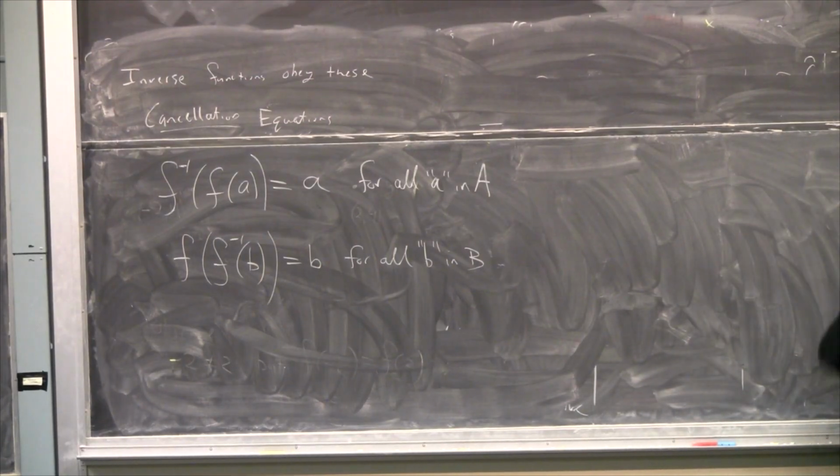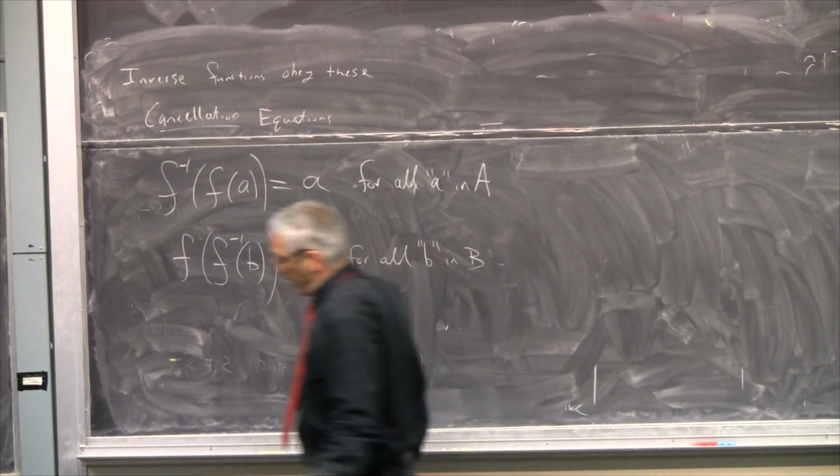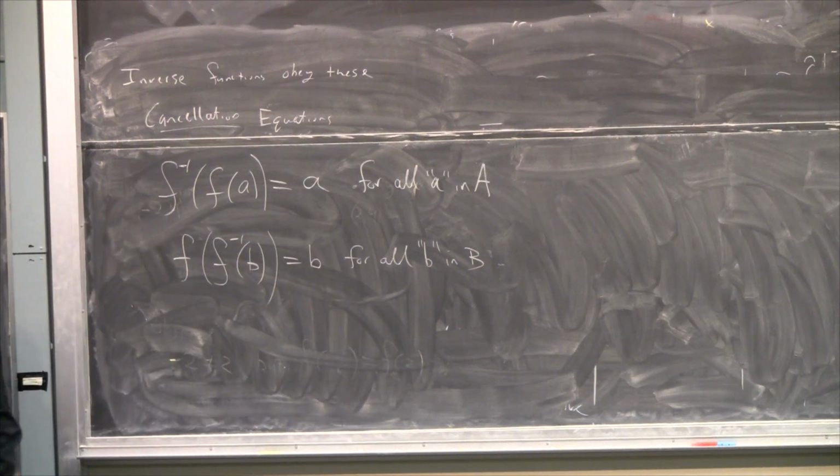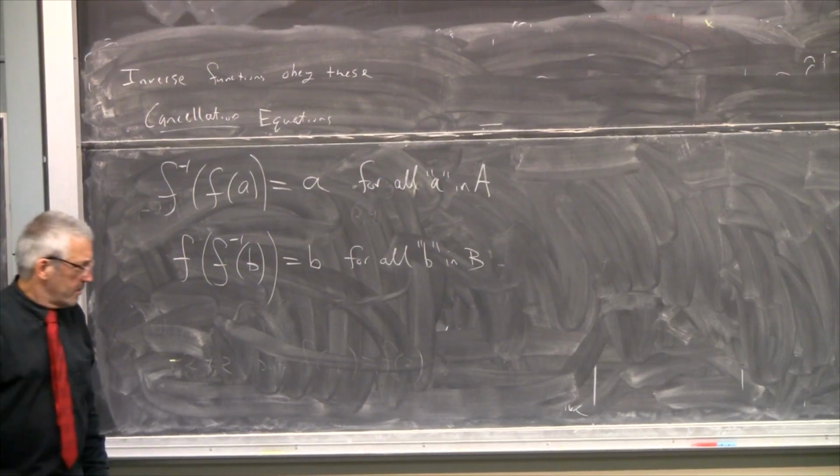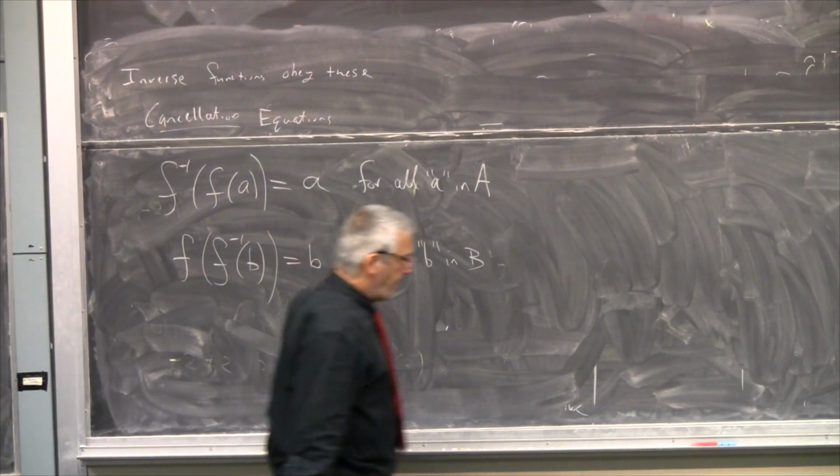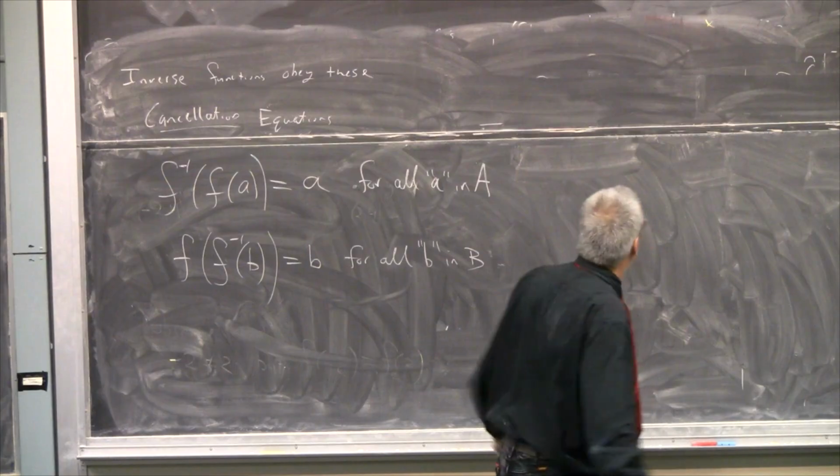Okay, now I just gave you an example of a function and its inverse function. I just said this is the inverse function. But in general, there is a procedure for finding the formula for an inverse function.